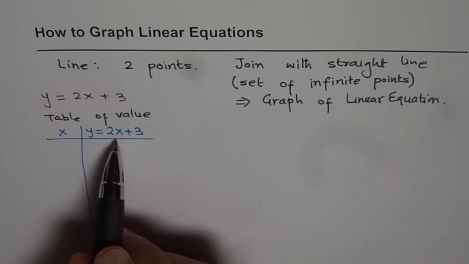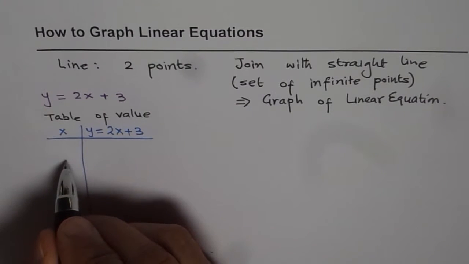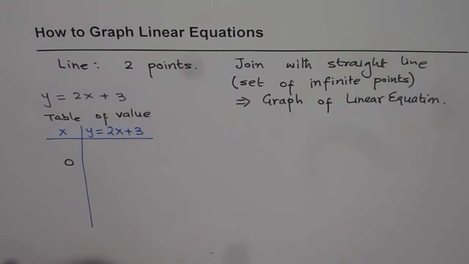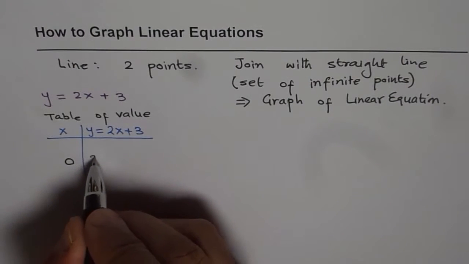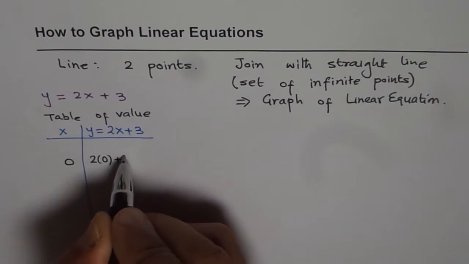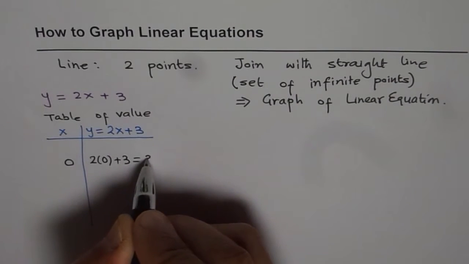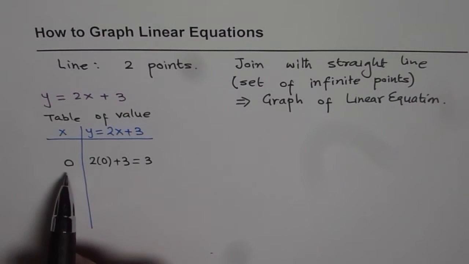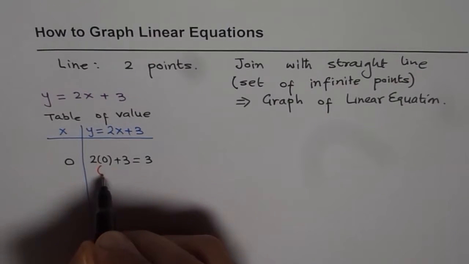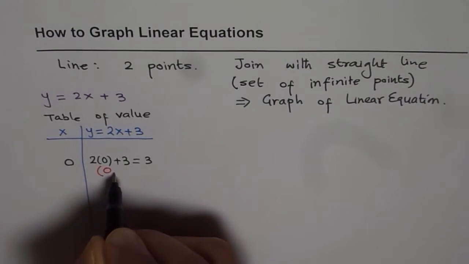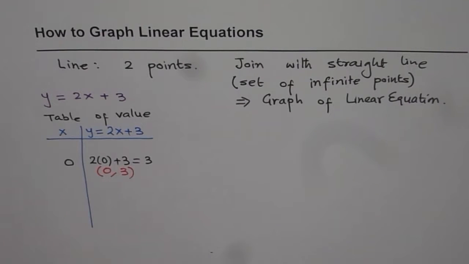One of the best points to select is when x is 0. Let's take x equals 0. If I substitute 0, I get 2 times 0 plus 3, which gives me the value 3. Now when I say that for x equals 0, the y value is 3, it really means that we are representing a coordinate point (x, y), where the x value is 0 and the y value is 3. So that is the coordinate point.